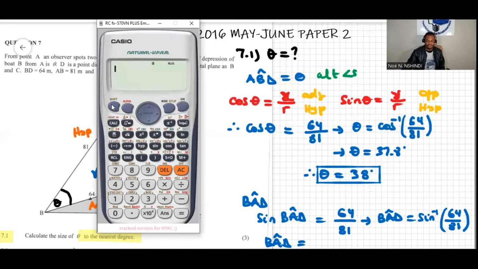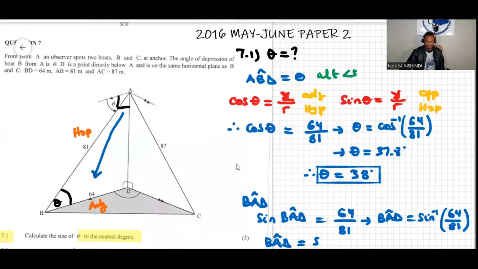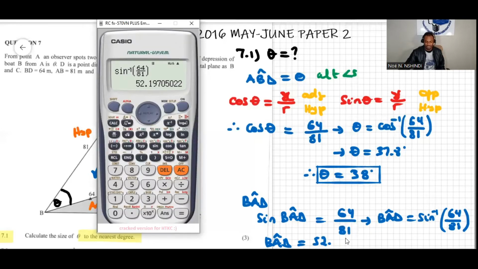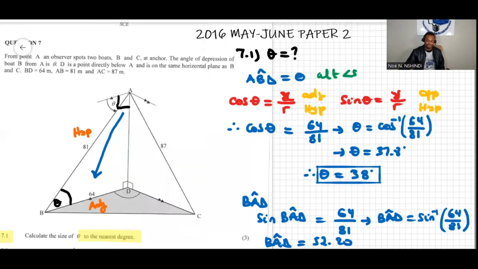We press shift and then sine, then 64 over 81, close the bracket, and this is equal to 52.20 degrees.